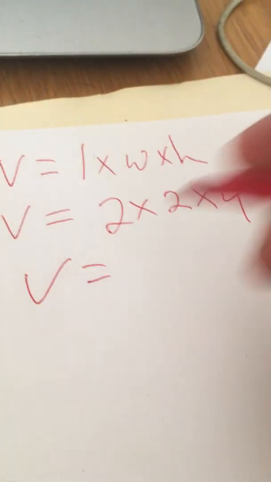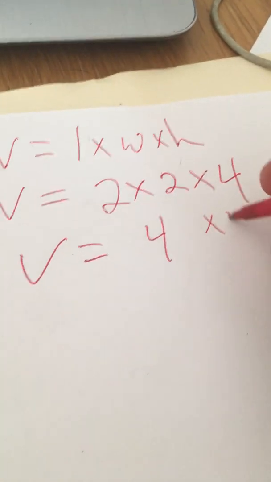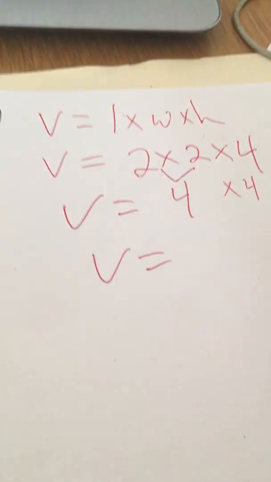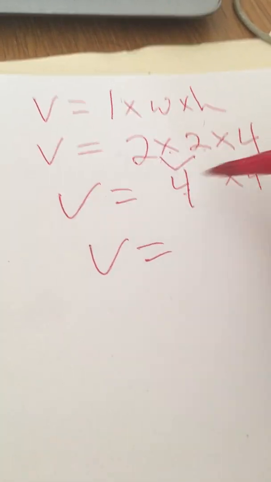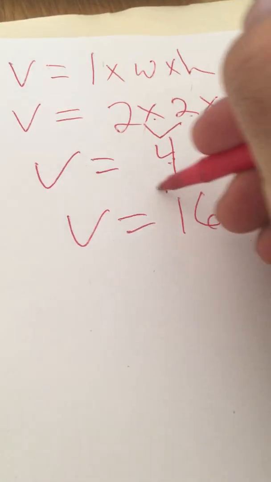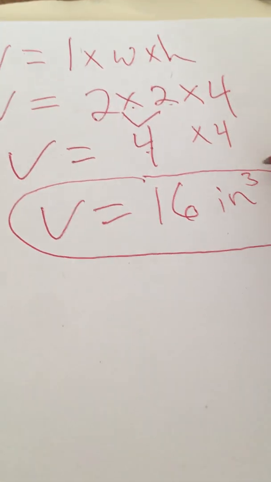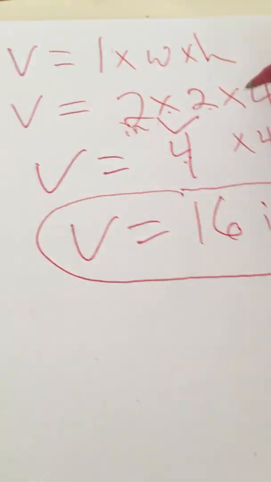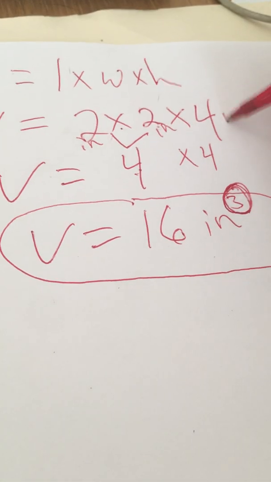So the volume is 2 times 2 is 4, and then we'll do that times 4, right? Since 2 times 2 is 4, then we do 4 times 4, which is 16. So 16 cubic inches. And the reason why it's cubic inches is because we did 2 inches times 2 inches times 4 inches.